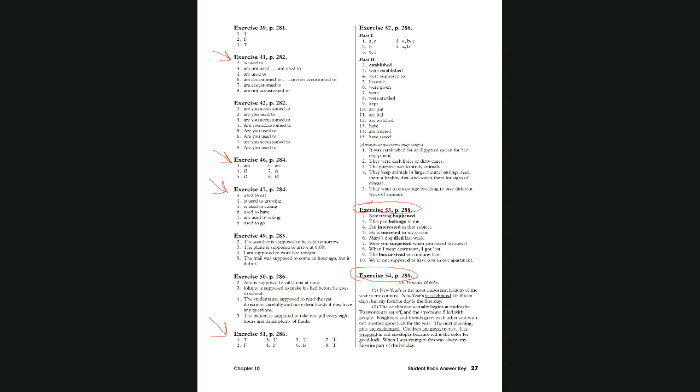In number 2 on exercise 54, we want to underline. Oh yeah, it's underlining. It's not correcting. It's just underlining. Okay, in number 2, underline are set off. And then also are filled, are exchanged, are given, and then is wrapped.